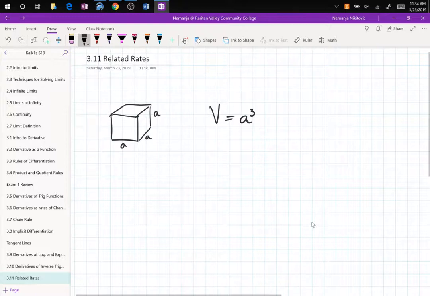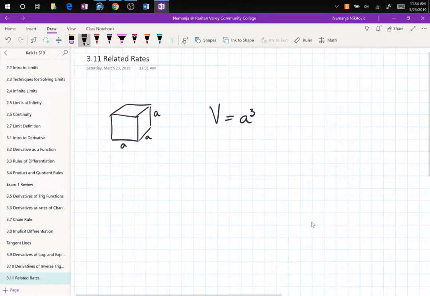As the ice cube melts, let's say you put it outside in the sun, it's becoming smaller. What is becoming smaller? Everything about it is becoming smaller. Each edge, the a, each side is getting smaller, the volume is getting smaller, surface area is getting smaller, diagonals are getting smaller.